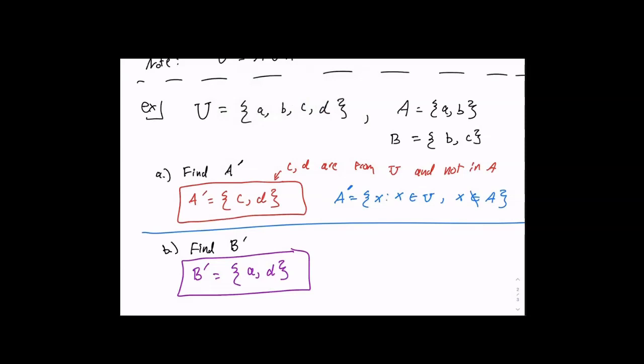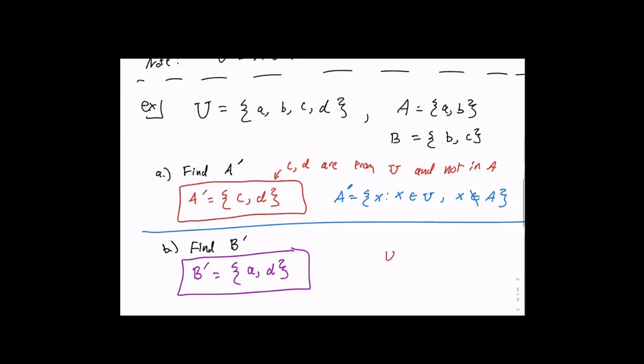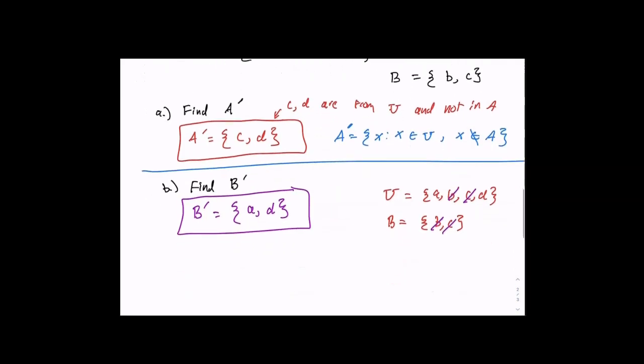I'm looking at everything in the universal set that is not in B, and B and C are, so I just cross those out. So if I look at U equals A, B, C, D, and I know B is B and C, then I'm going to cross out the B and C, and what I'm left with is my complement.